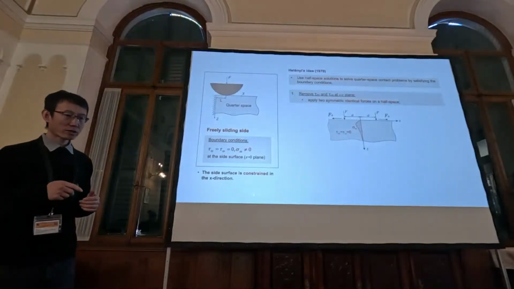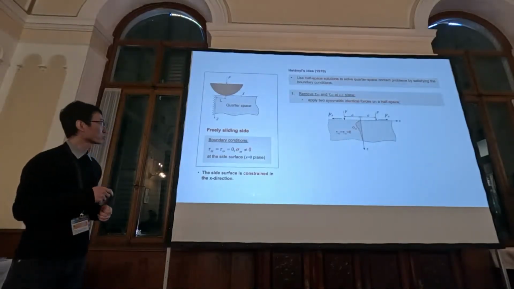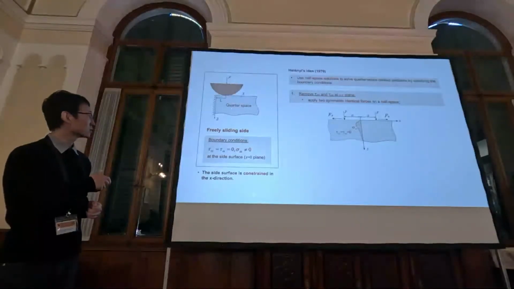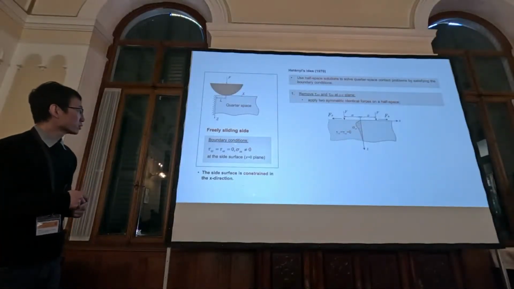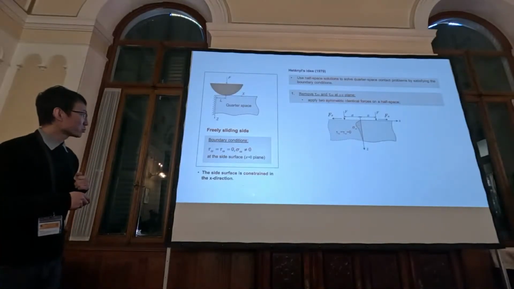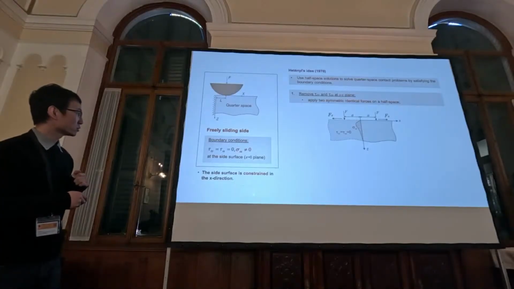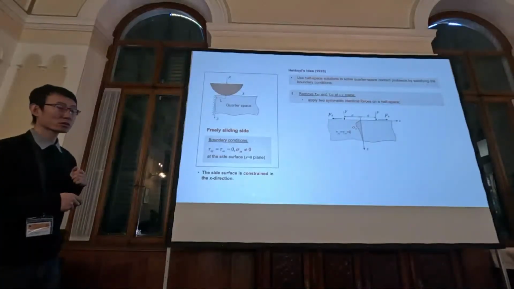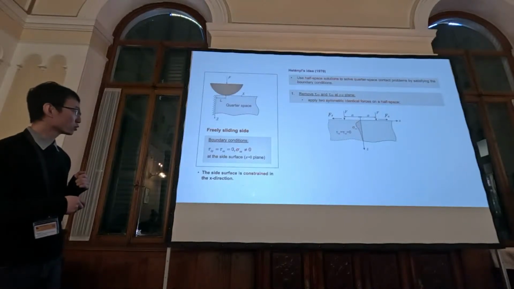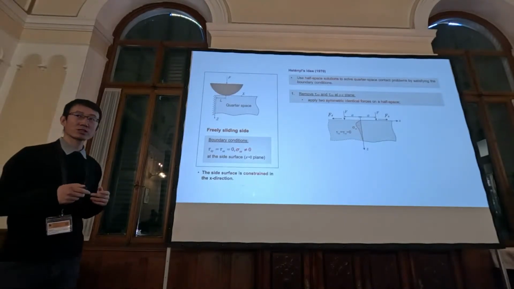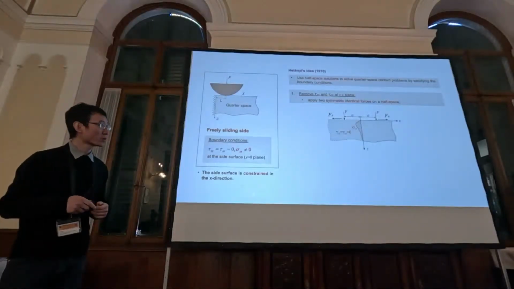So we come back to this contact problem. For this contact problem, only partial boundary conditions should be satisfied. So no shear stresses on the side surface, but there exists normal stress.